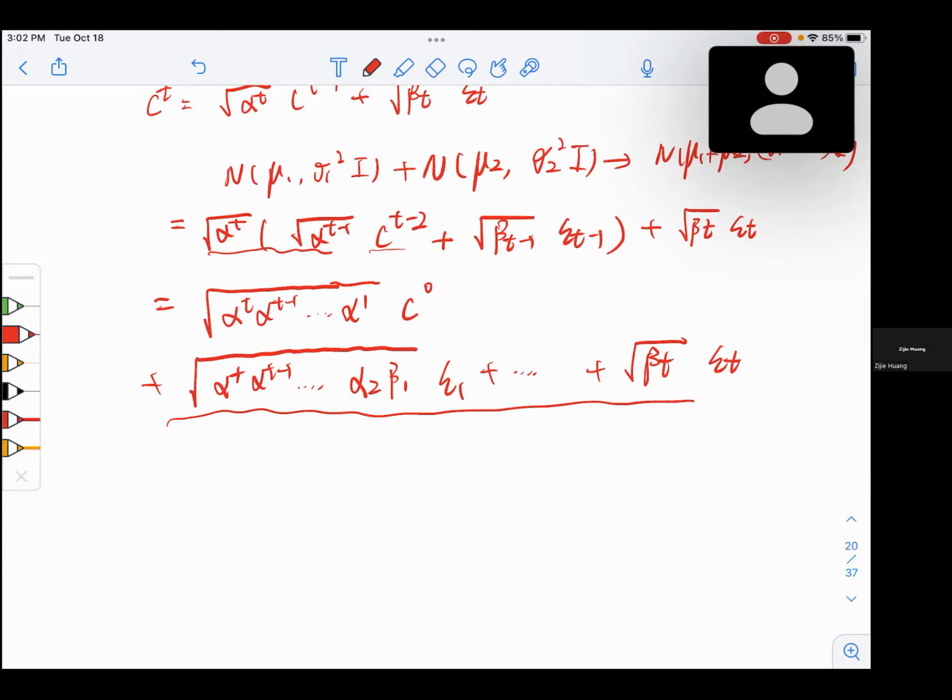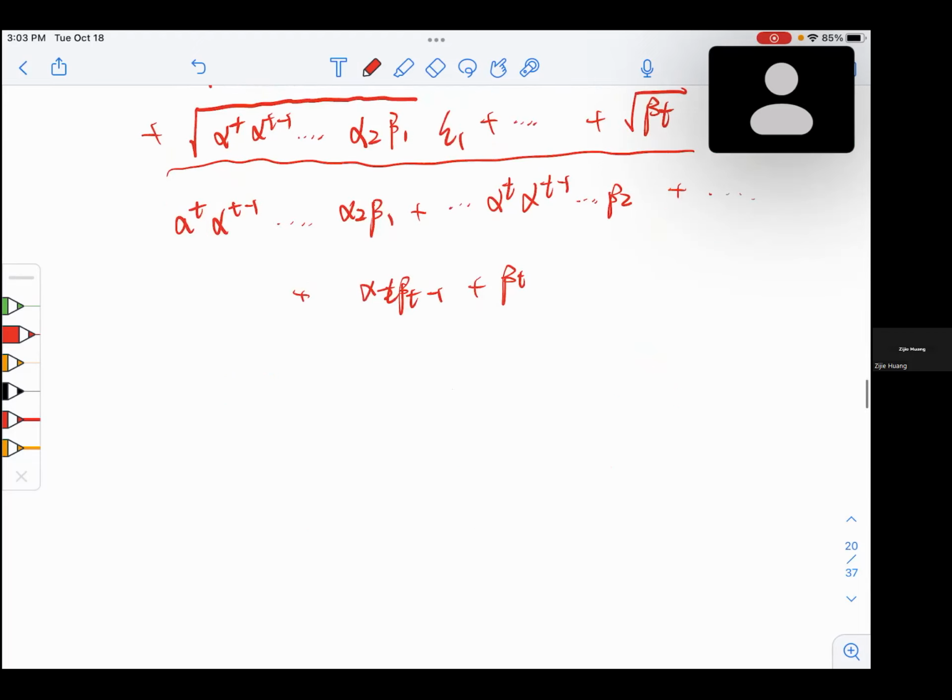Because all of their location parameters are 0, it will be a zero-mean Gaussian distribution. And for the variance, we just take the addition of their squares. So this will give us alpha t minus 1 until alpha 2 beta 1, plus alpha t minus 1 until alpha 3 beta 2, until alpha t beta t minus 1, plus beta t.